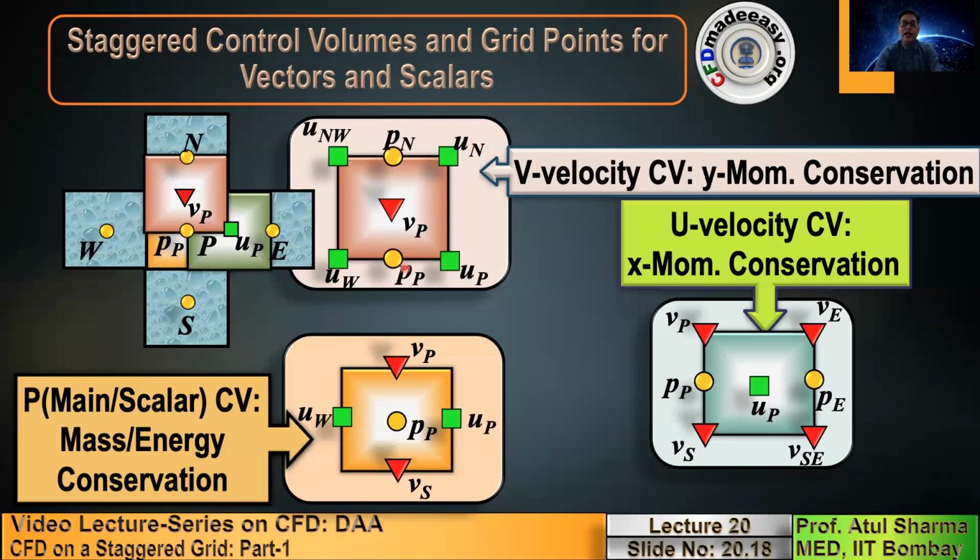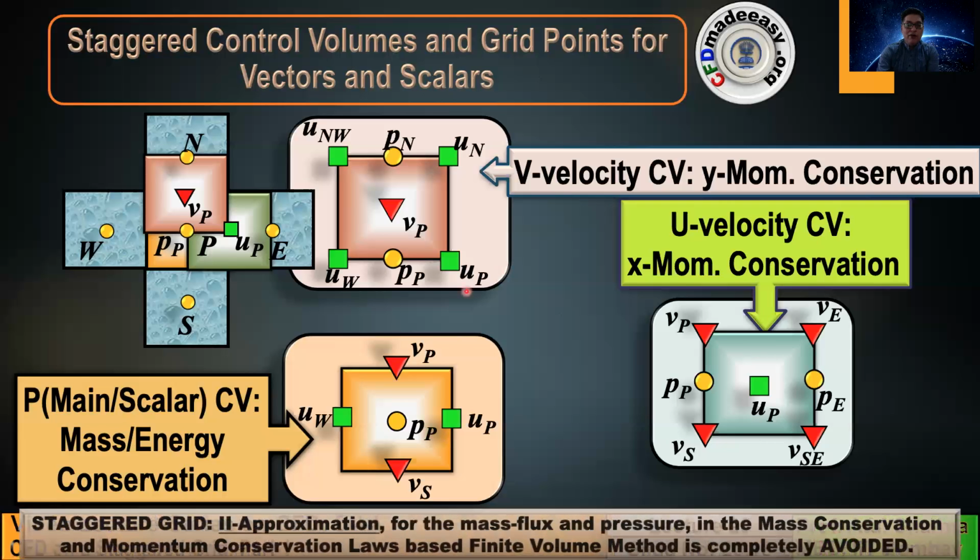So with this staggering, you have staggered the pixels for P, U, V in such a way that while applying the mass conservation, X momentum conservation and Y momentum conservation, the grid points are located so that you don't need the second approximation for mass conservation and the second approximation for pressure in the momentum equations.